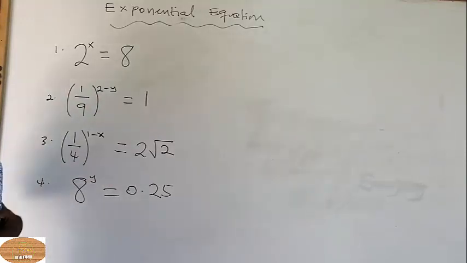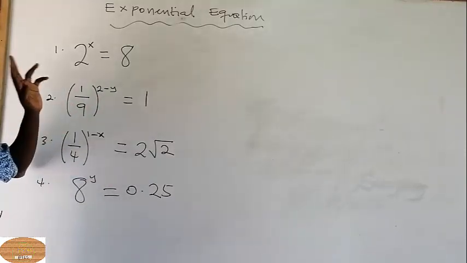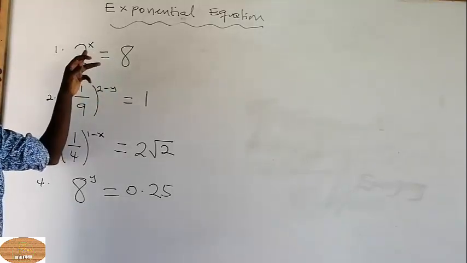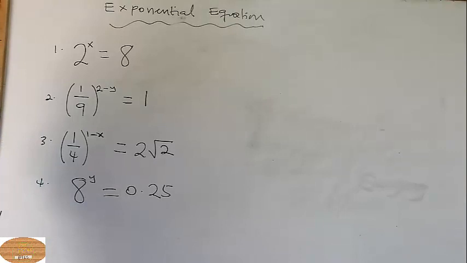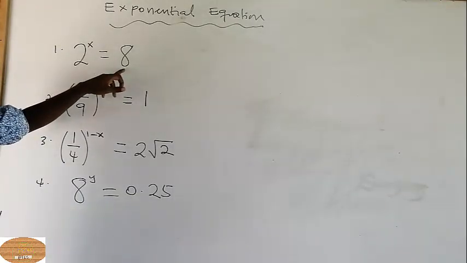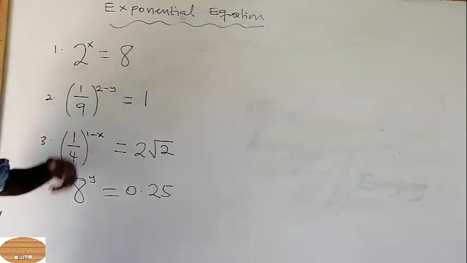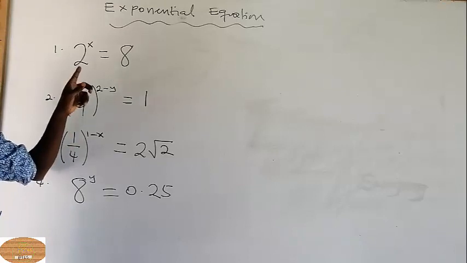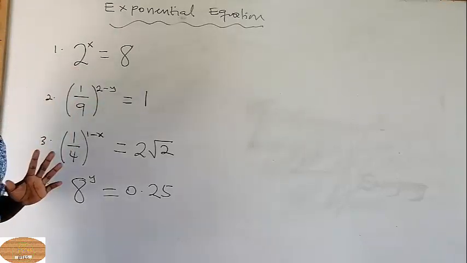After that, move on. Now the first one we have 2 to the power x equal to 8. We have to solve for x. We have 2 to the power x here, but this one is 8. Per what we've learned, we have to make sure the bases are the same.